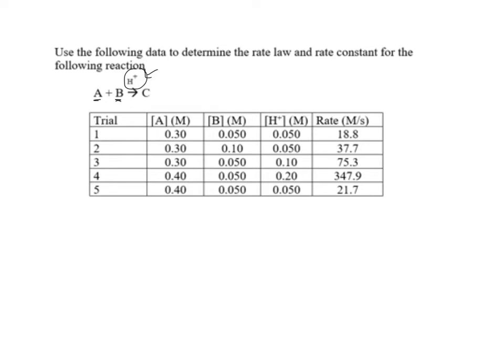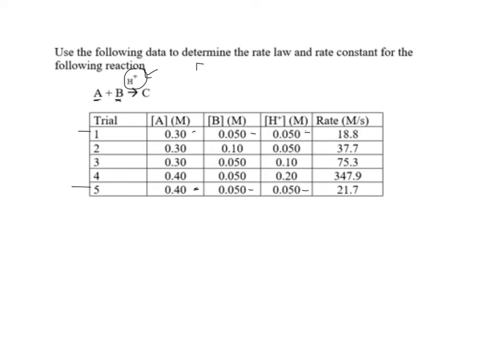What first comes to my attention is trials 1 and 5. We can see that we're varying the concentration of A, but B is held constant, and the concentration of the hydrogen ion is also held constant. So in that case, we can compare the two rate laws for trials 1 and 5, and solve for the order in A.